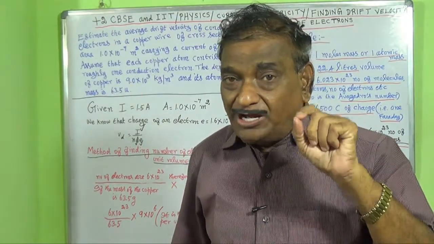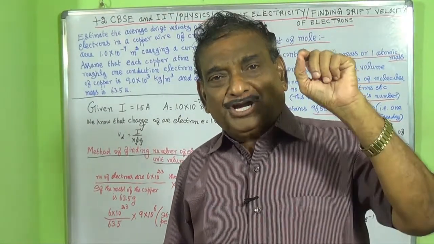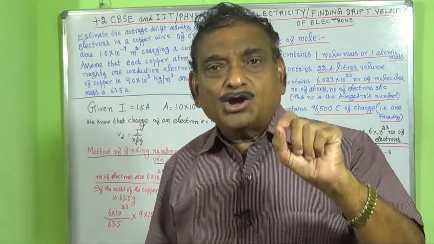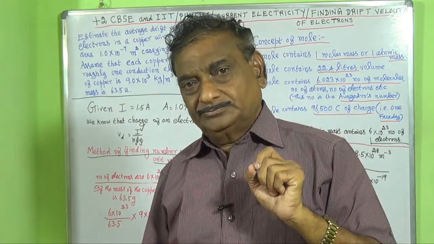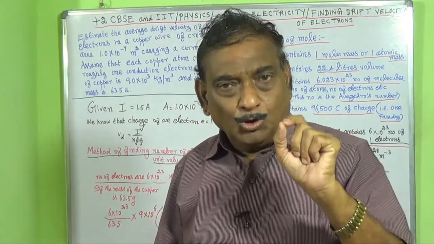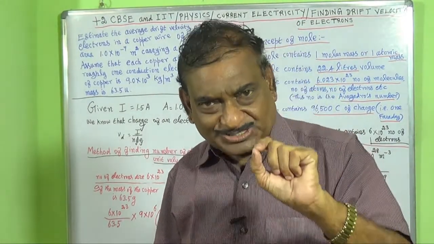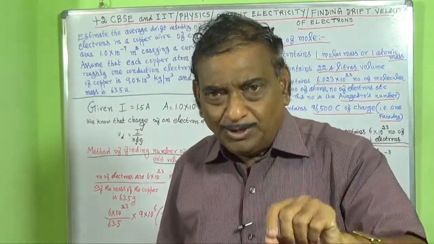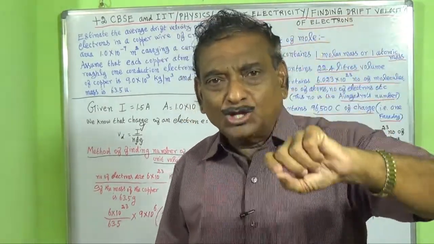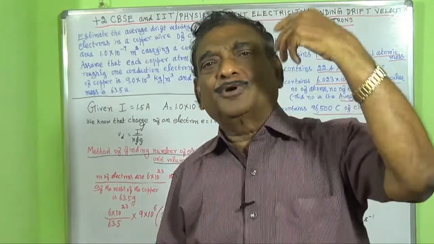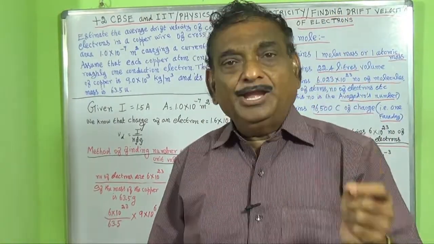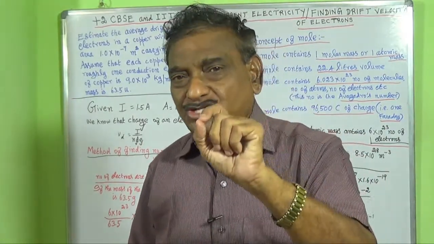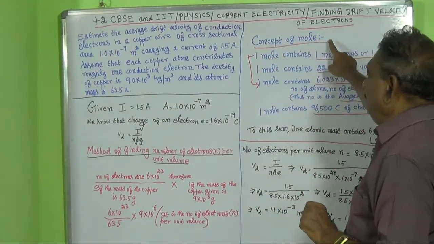In order to find the number of electrons per unit volume, we use the concept of mole. One mole can be expressed in terms of mass, in terms of volume, in terms of number of molecules or number of atoms or number of electrons, etc. And one mole can be expressed in terms of charge. That is the concept of mole.